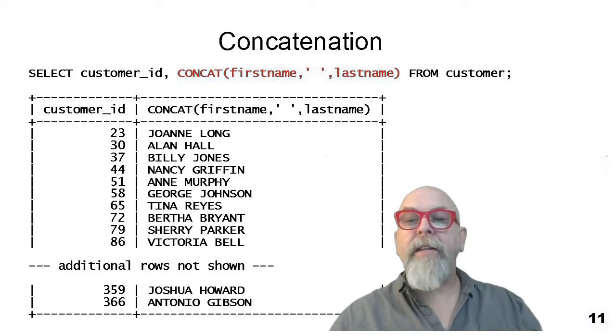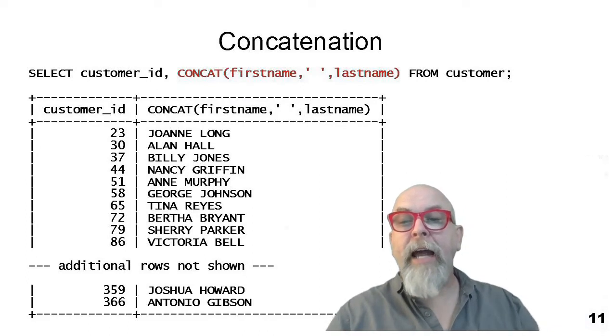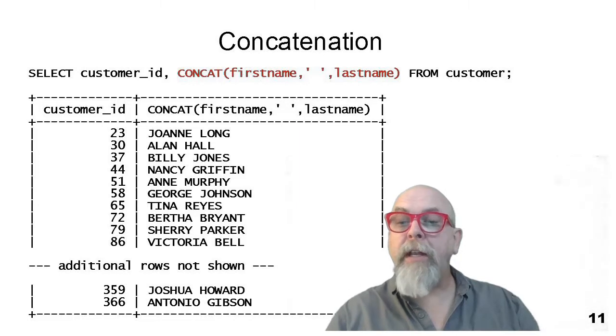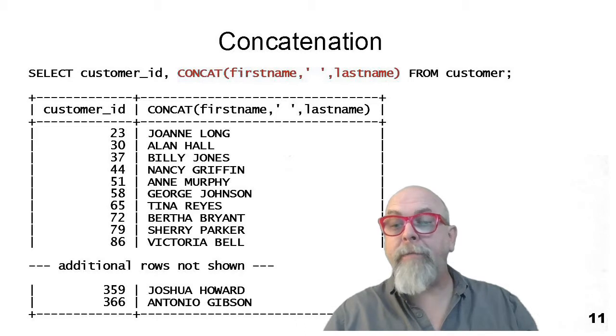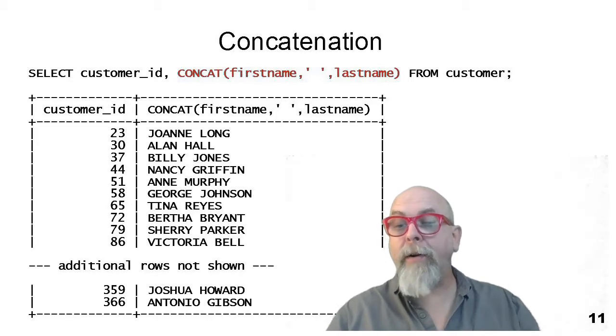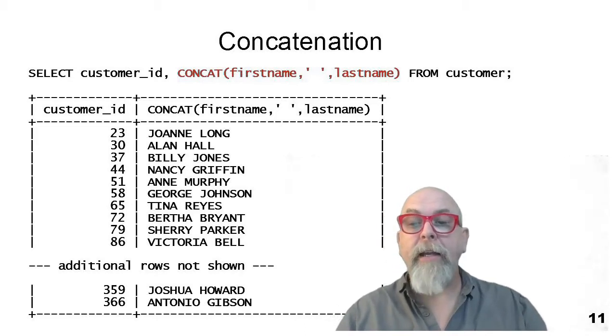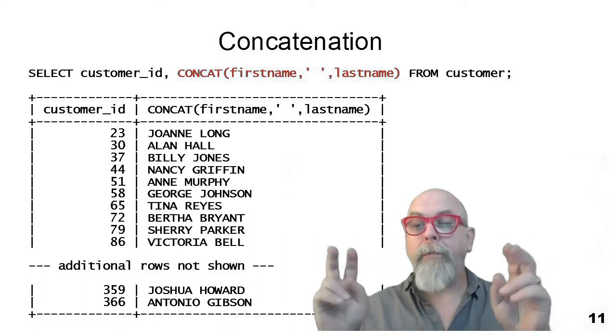You can see in this example, I use concatenation to concatenate the first name of a customer, a space, and the last name of a customer into a single column. It would make it a lot easier to generate mail or to address a letter or an email if those two attributes were put together.